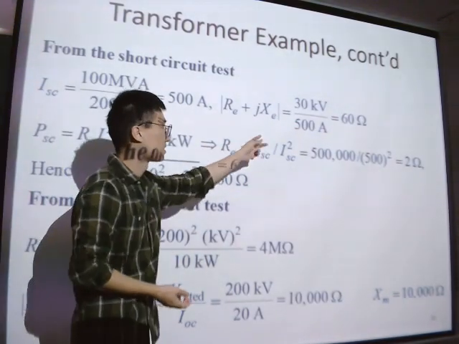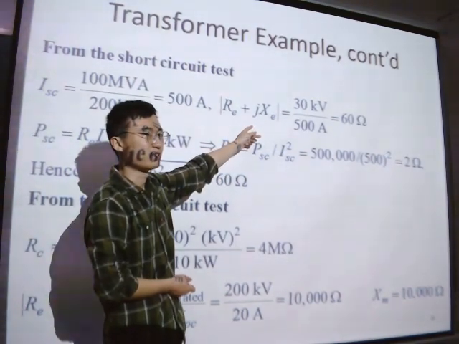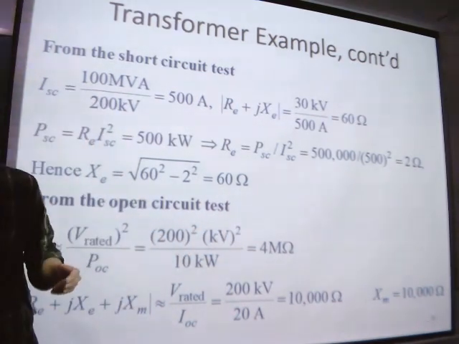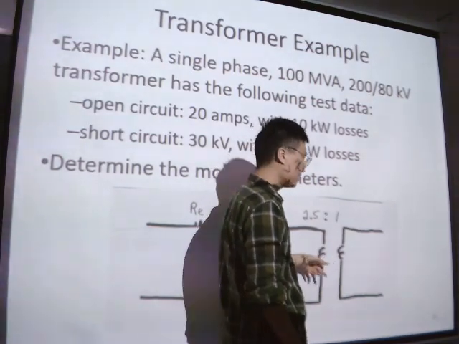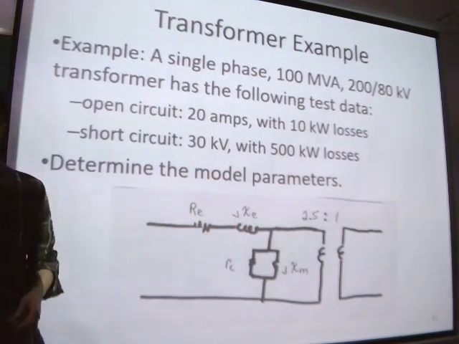And what is this? Impedance of the transmission line, okay? So in the transmission line, although there is no current in the windings here, there is a current through the impedance.